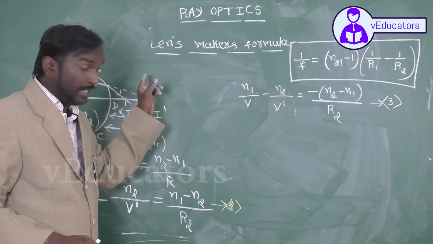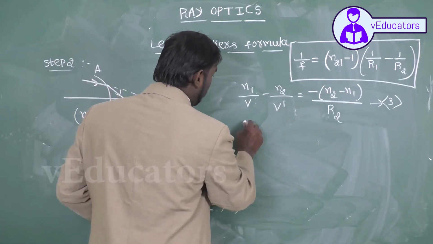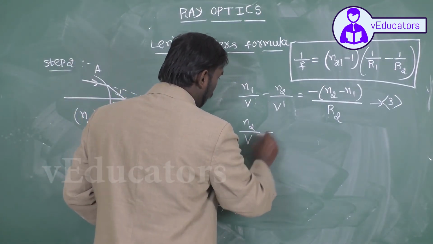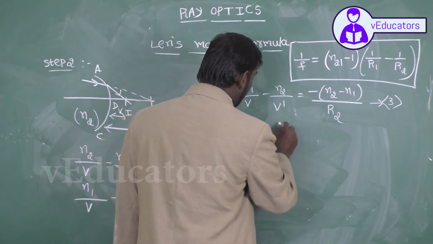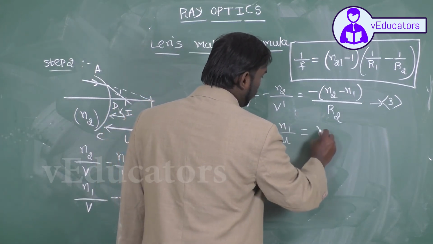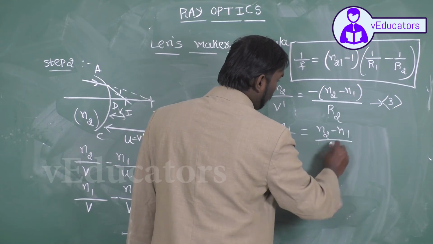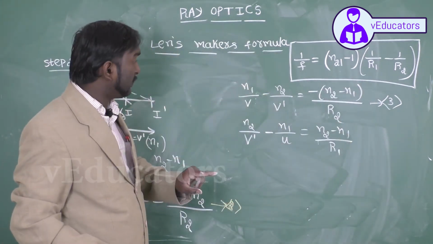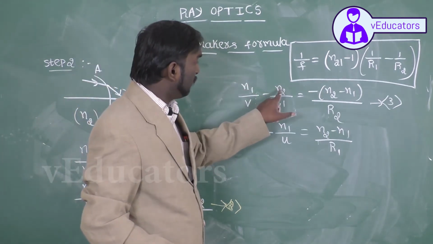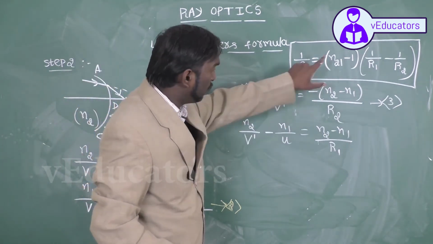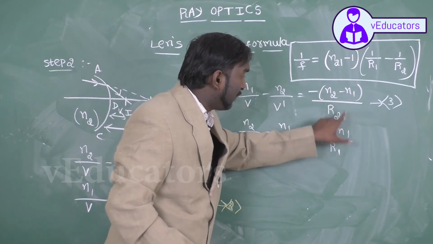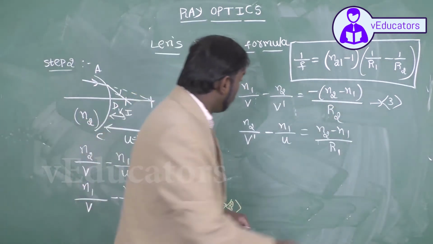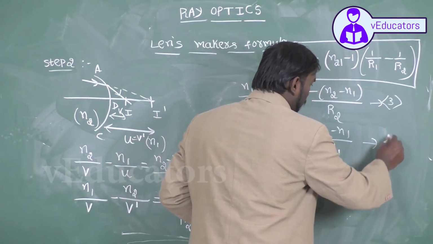From the first surface, n2 by v dash minus n1 by u is equal to n2 minus n1 by R1. Due to the presence of the second surface, n1 by v minus n2 by v dash is equal to minus of n2 minus n1 by R2. You can say it's equation number 4.